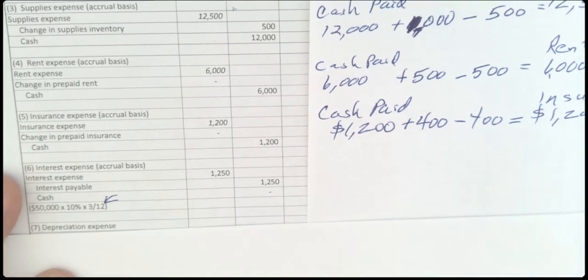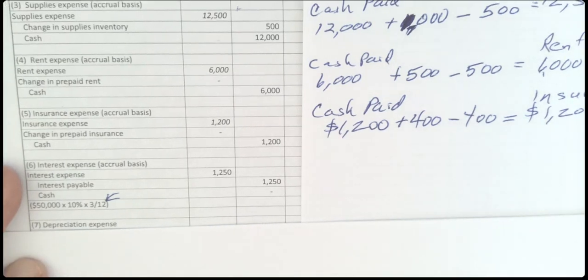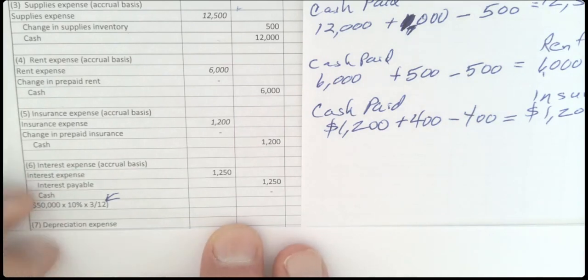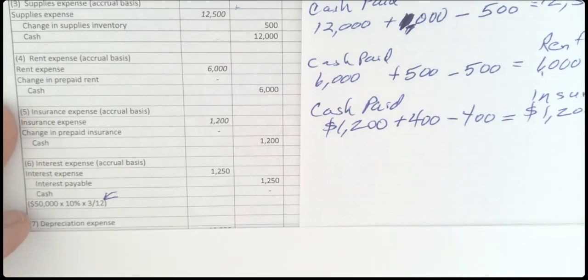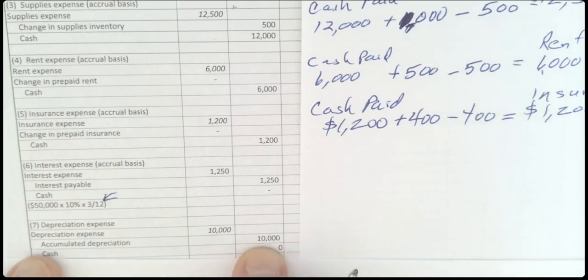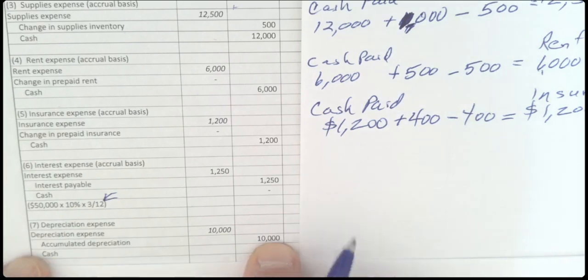And then depreciation expense. So we don't pay any cash for depreciation expense. That cash was paid out when we bought the equipment we're now expensing. So cash paid is 0, but accumulated depreciation was credited for 10,000 net change.